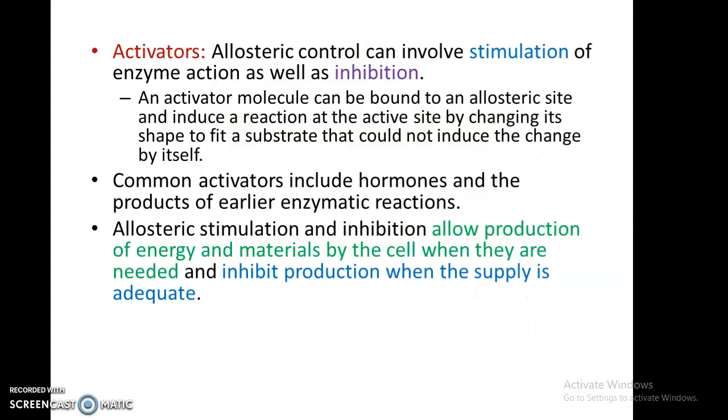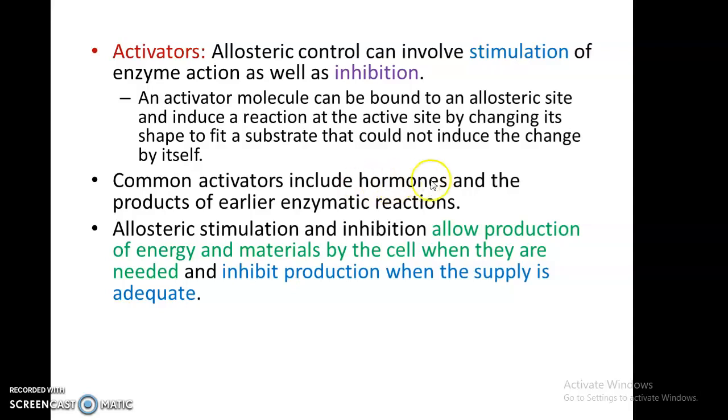Activators: allosteric control can involve stimulation of enzyme action as well as inhibition. Actually, the non-competitive inhibitors are not all bad. They may stimulate the enzyme's action. An activator molecule can be bound to an allosteric site and induce a reaction at the active site by changing its shape to fit a substrate that could not induce the change by itself.